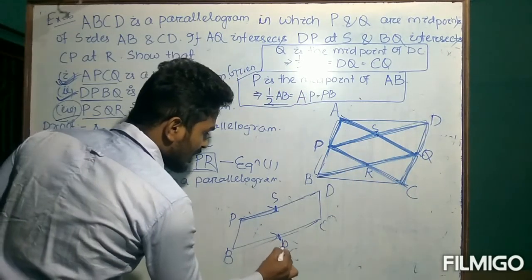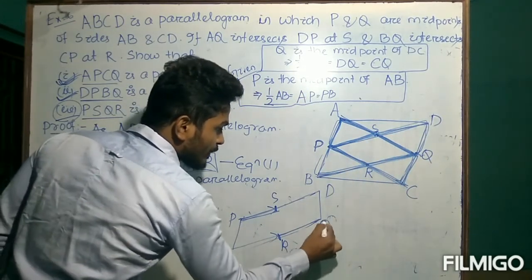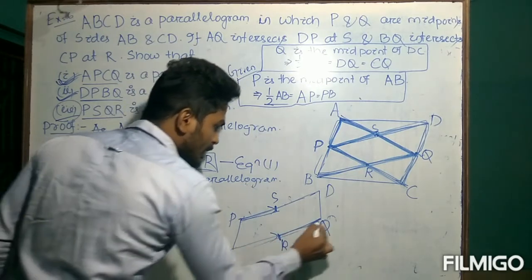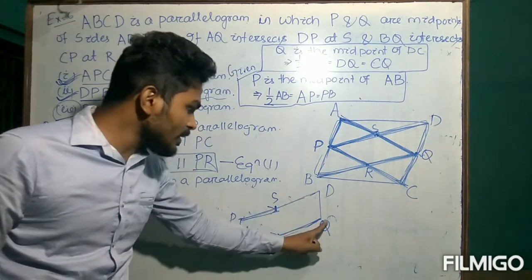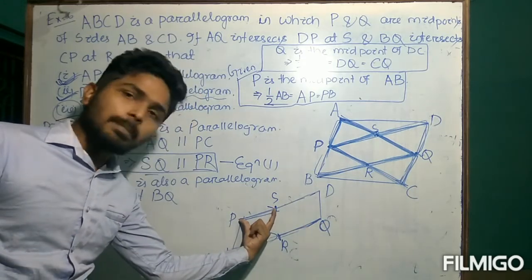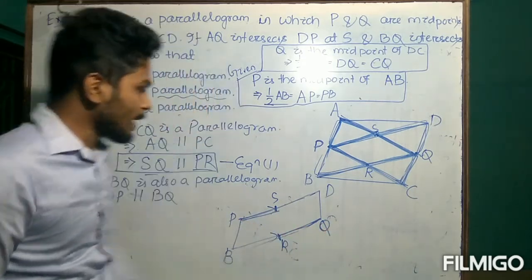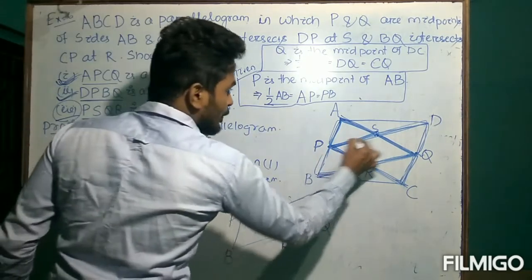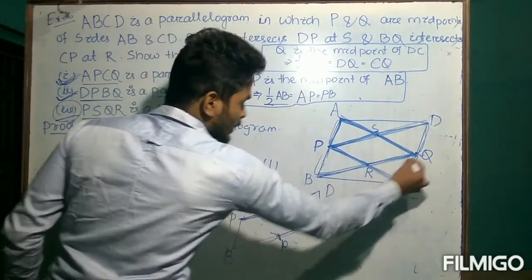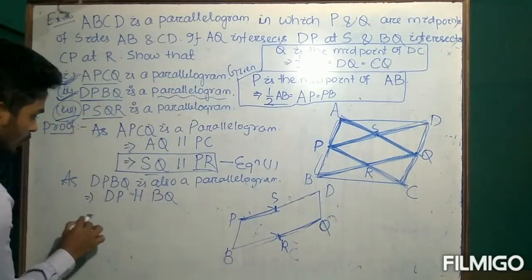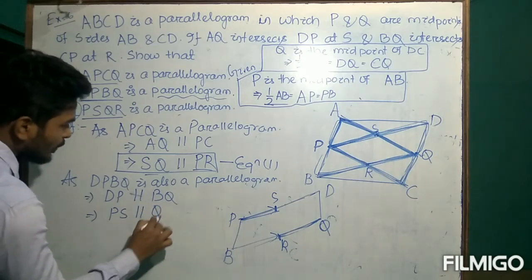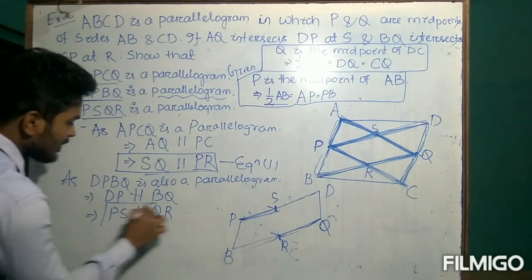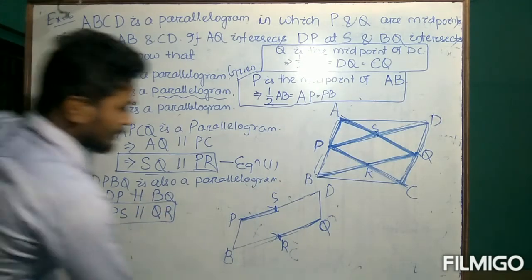Let's say this is R. Since we already know that this line is parallel to this line, this part is also parallel to this. So PS is parallel to QR, or RQ, whatever you write, no problem at all.